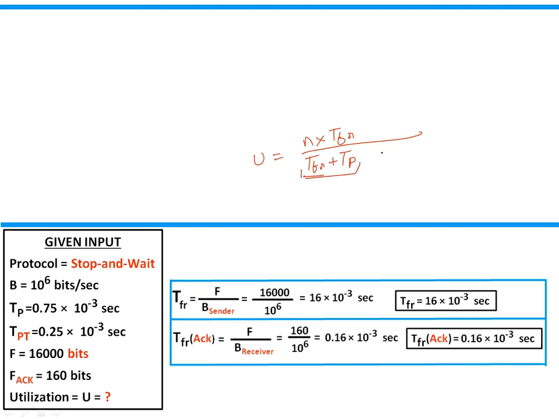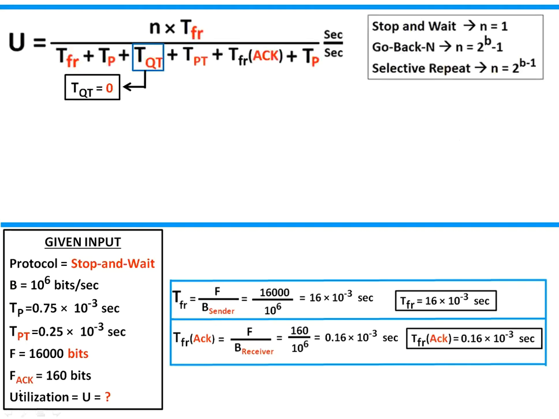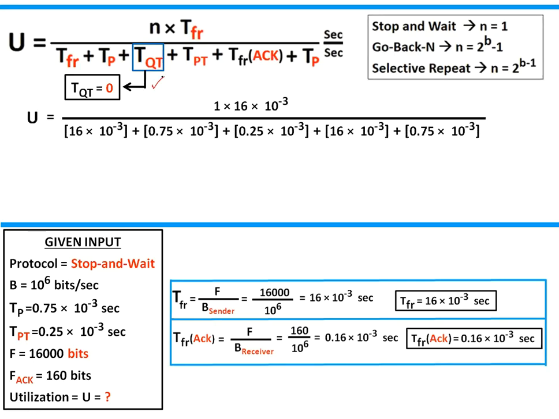This is purely on sender times, plus TQT plus TPT plus TFR of acknowledgement plus TP, guys. So 4 times you need to add, guys. But TQT is not mentioned, it will be 0. So U is equal to N into TFR by TFR plus TP plus processing time plus TFR of acknowledgement plus TP.